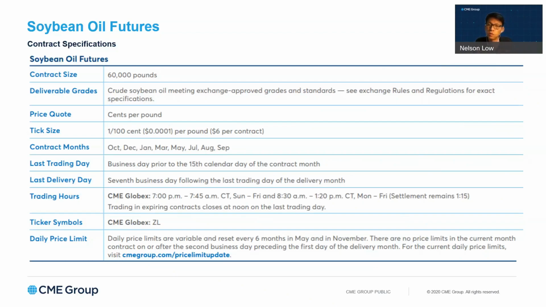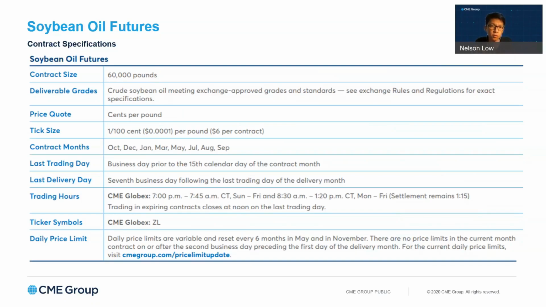The contract size is 60,000 pounds. Most of the American contracts tend to be in what we call the imperial system. So we'll follow things like pounds and bushels and some measures of weight that we are not familiar with here in Asia.